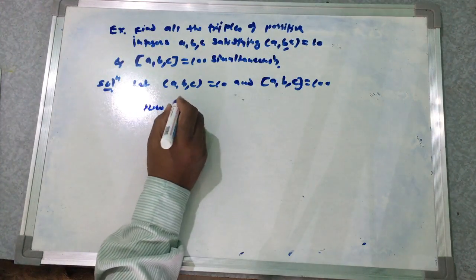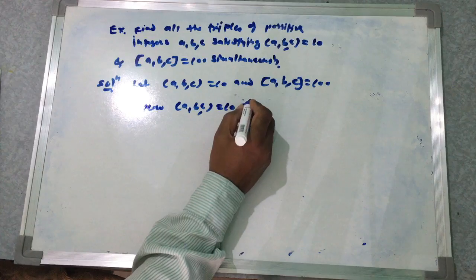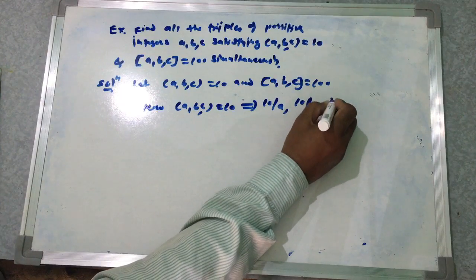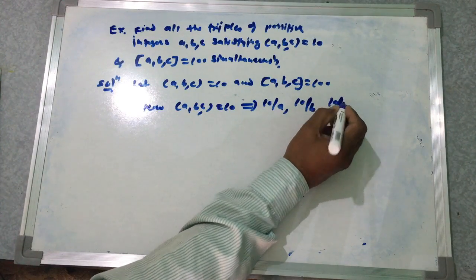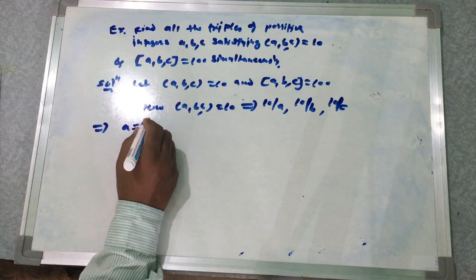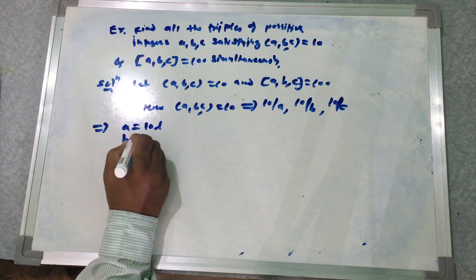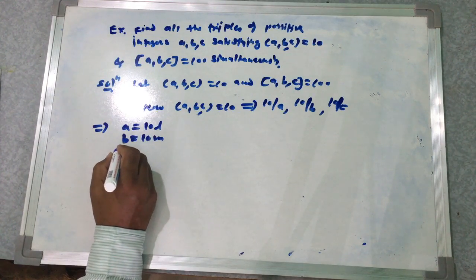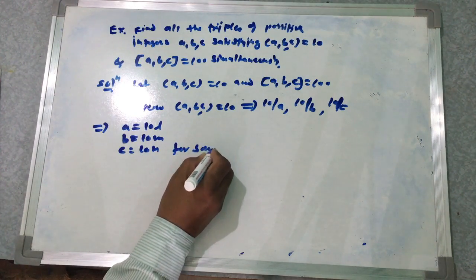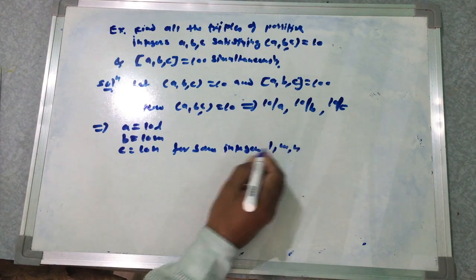Now (a, b, c) is 10, then 10 divides a, 10 divides b, 10 divides c. This can be projected: a is equal to 10l, b is equal to 10m and c is equal to 10n for some integers l, m and n.